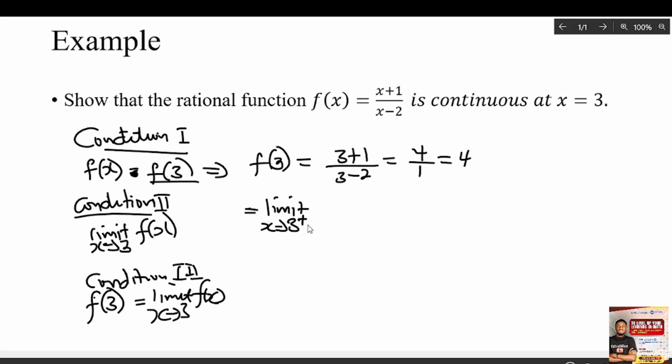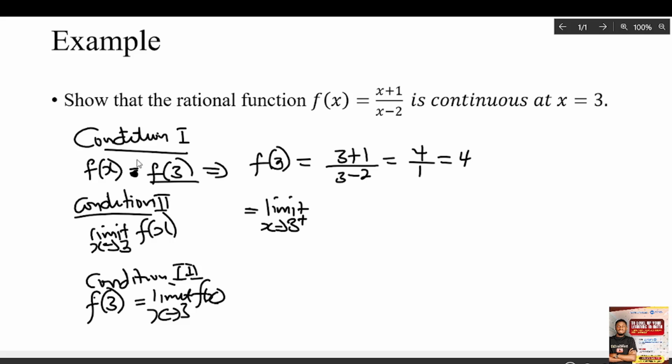The plus and minus signs here don't mean numbers which are greater or less than 3, but that x approaches from values slightly greater than 3, and the result is the same as when x is slightly lesser than 3.